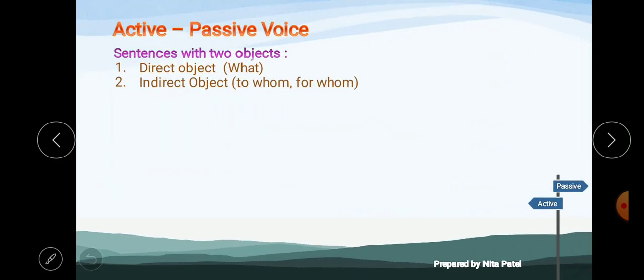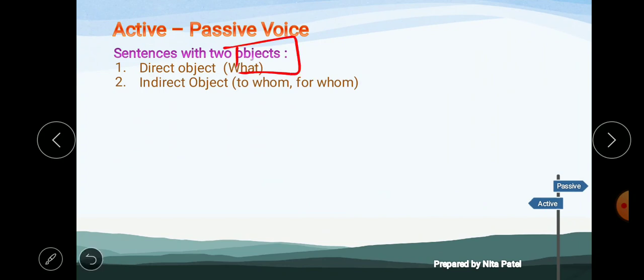Okay. Now, many sentences have two objects, that is direct object and indirect object. I hope you learn this. We'll quickly go with it. Now there are two types of object, that is direct and indirect object. First thing that comes to our mind is, what is an object?